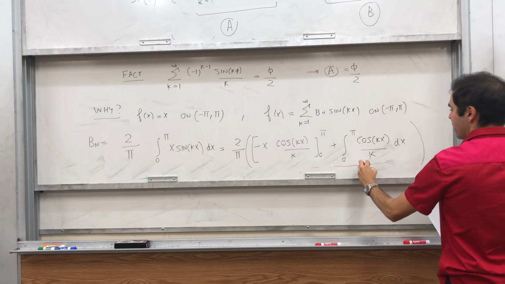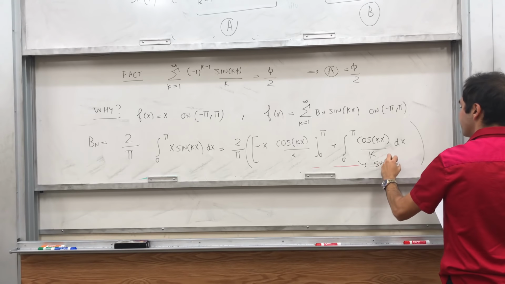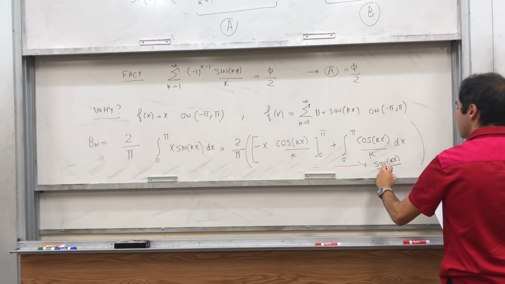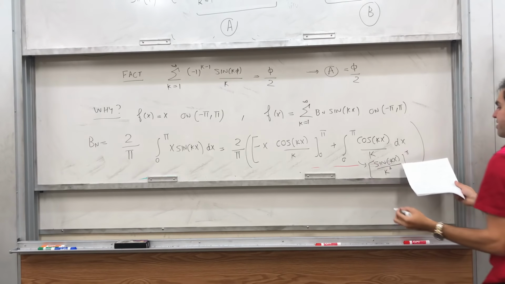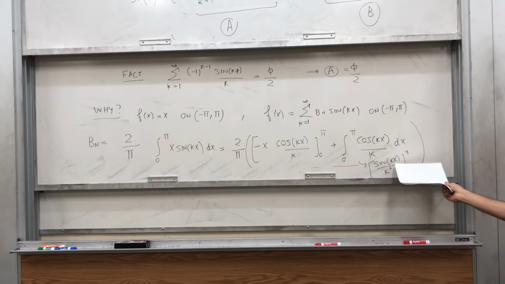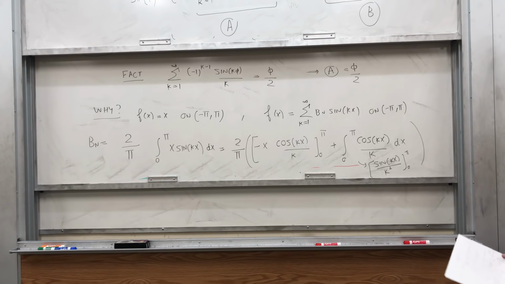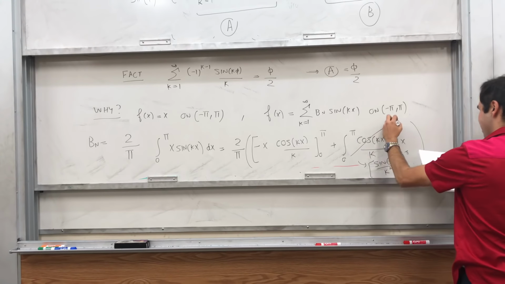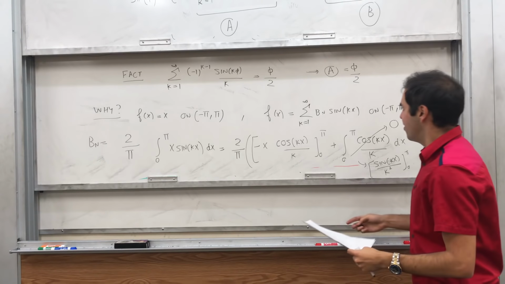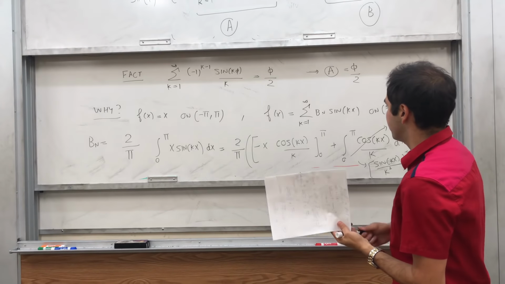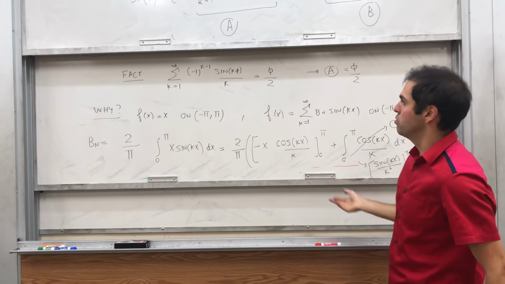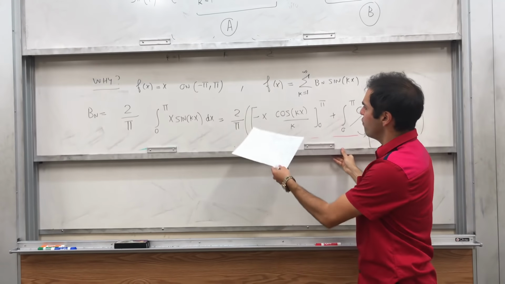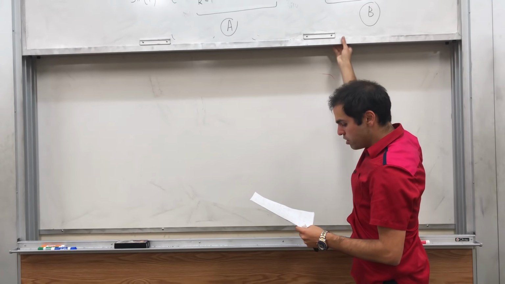But the nice thing is an antiderivative is sine of kx over k squared from 0 to pi. Sine of 0 is 0, and sine of multiples of pi is also 0. So this integral disappears. And if x is 0, this term is also 0, so you're only left with the term at pi.